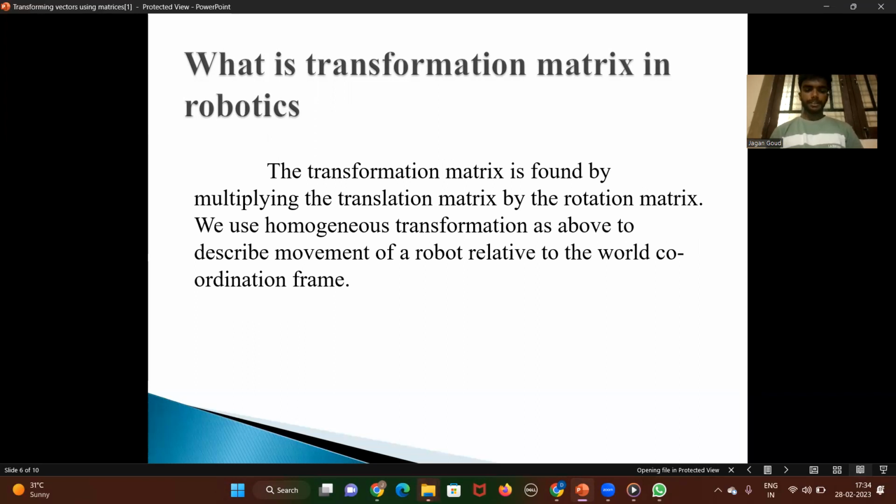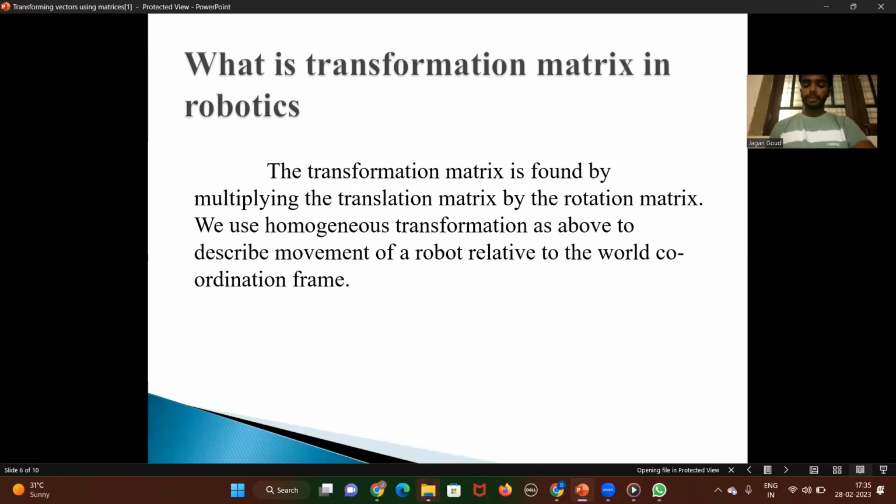By rotation matrix, we use homogeneous transformation as above to describe movement of a robot related to the world coordinate frame. A homogeneous transformation matrix combines a translation and rotation into one matrix.